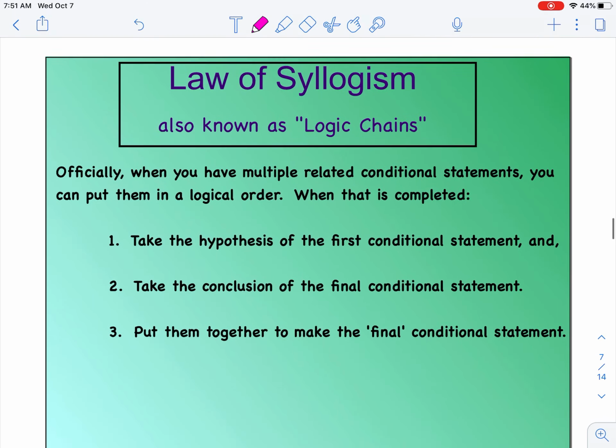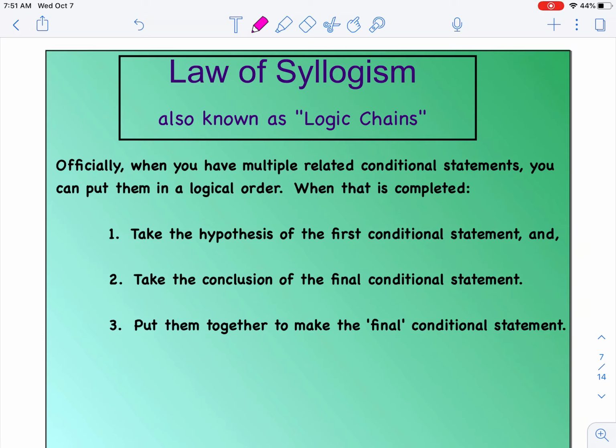So we put these together and take the original hypothesis and the final conclusion. So officially, when you have multiple related conditional statements, you can put them in a logical order. When that is completed, you take the hypothesis of the first conditional statement and then take the conclusion of the final conditional statement and put them together to make a final conditional statement. And in that last case, we only had two conditional statements.